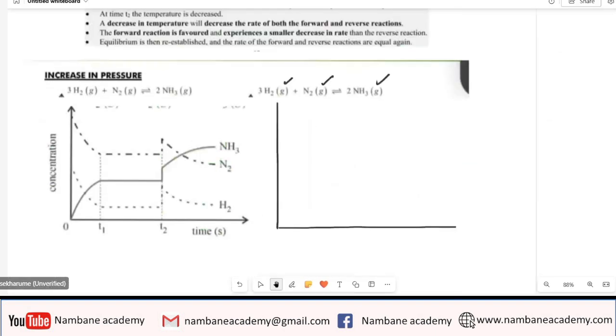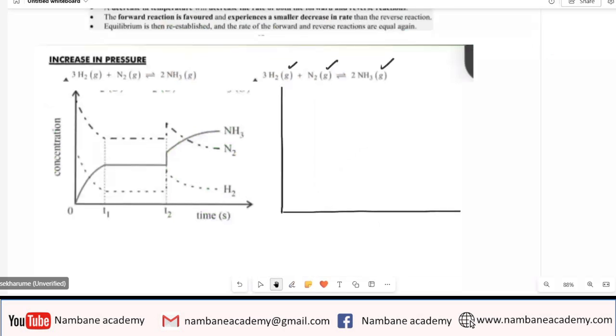now there is an increase in pressure. If we are increasing pressure, we are going to look at the volume or the number of moles. I'm having three volumes of gas for hydrogen plus one volume of gas for nitrogen, for the reverse.